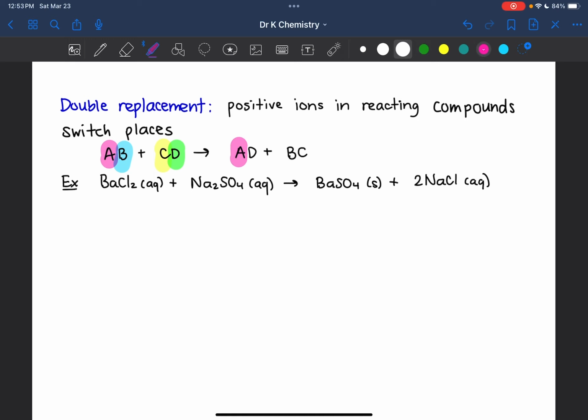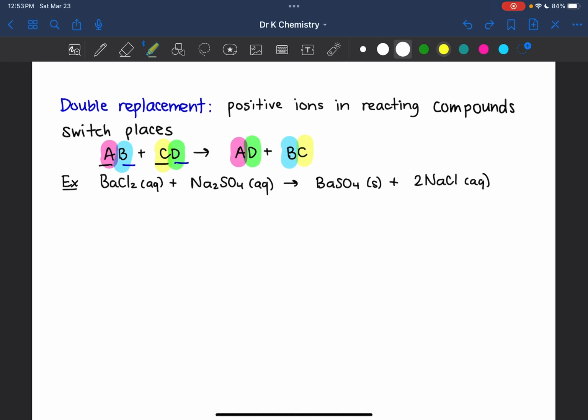So instead of A being bonded to B, we're going to bond it to D. And instead of B being bonded to A, it's going to be bonded to C. And I'm keeping the order here because when we write chemical formulas, by convention, we always write the cation first, which implies that A and C are cations and B and D are anions, which means that when A switches places with something, it has to take up D because that's the only anion that is available. That's why we write AD and not AC instead.